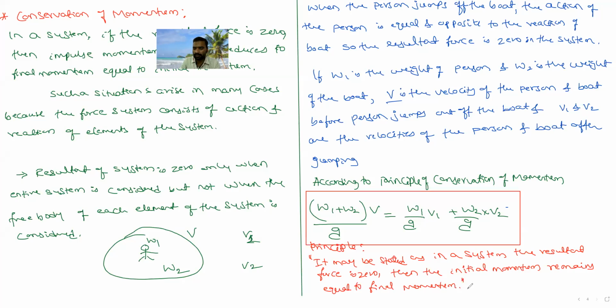Okay, so this is the statement you have to remember. It may be defined as, in a system, if the resultant force is 0, then the initial momentum remains equal to the final momentum.